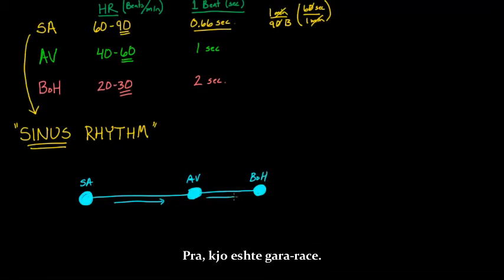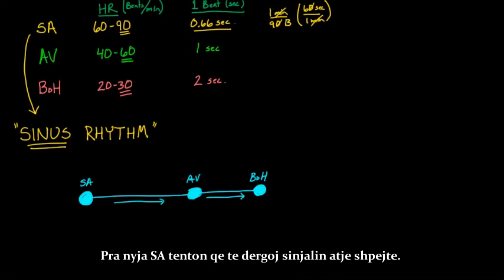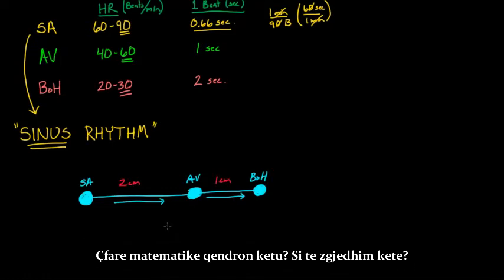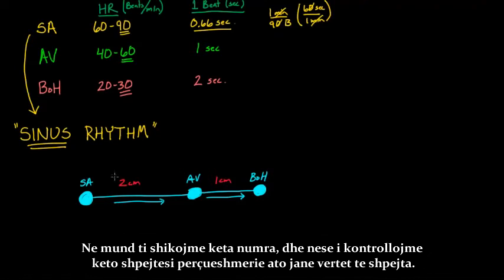So this is the race, right? The SA node is basically trying to get a signal over there quickly. And these distances that it has to cover, we said about 2 centimeters and about 1 centimeter. So what is the math? How does that work out? You can actually look up these numbers, and it turns out that these conduction velocities are really, really fast, right?